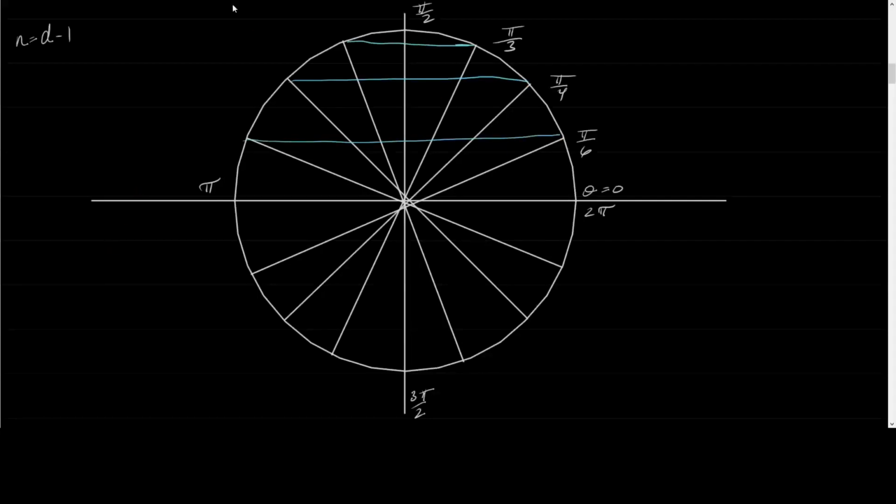But we're going to say this first one up here is going to be something pi over 3. But the numerator is to be the denominator minus 1, so it's 2 pi over 3. Similarly, this one corresponds to this height, so this is something pi over 4, but the numerator is 1 less than the denominator, so it is 3. And finally, over here, we're going to get 5 pi over 6 by the same reasoning.